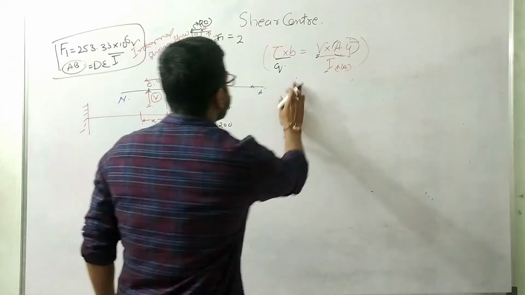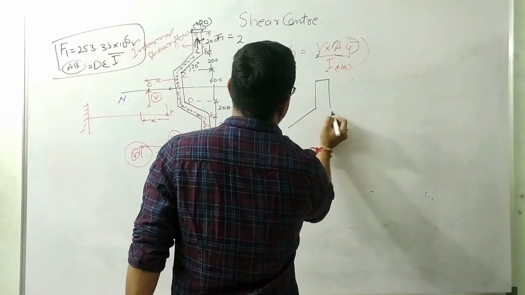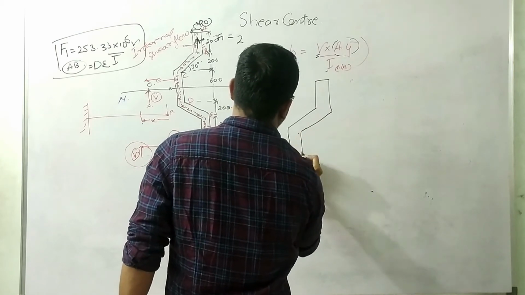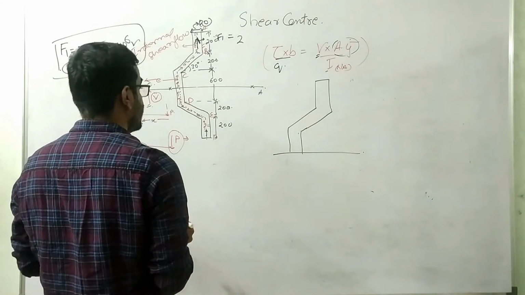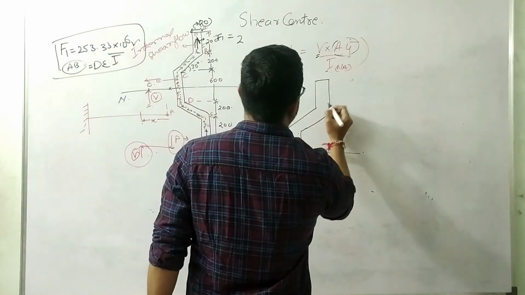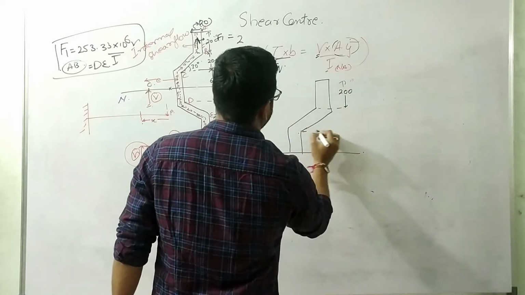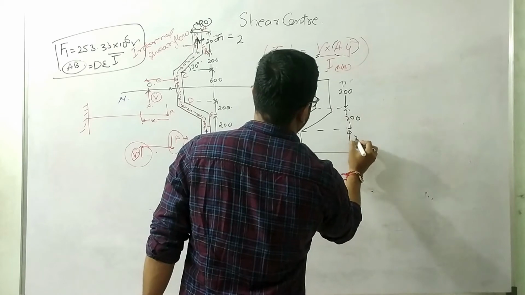Now again the figure will be the same. I am not taking the cross section area below the neutral axis because it is symmetrical. This distance we already know is 200, this is again 200, and this is nothing but 300.